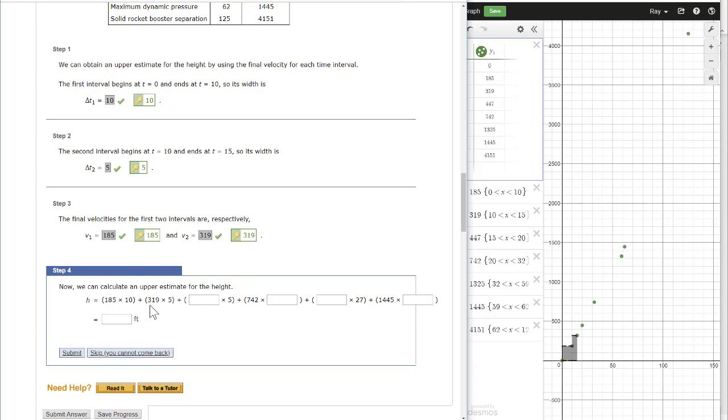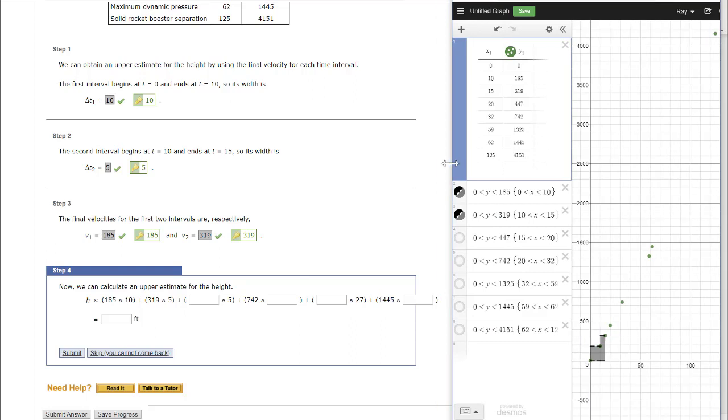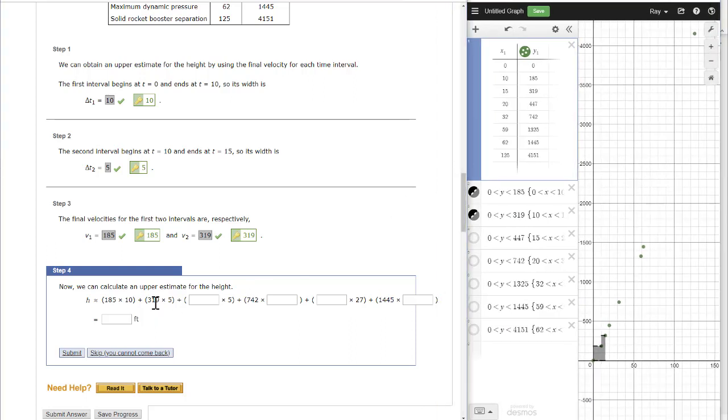So now we can calculate this. Let's move this a little bit over so we can see it. The first rectangle is going to be 185 with a base of 10. The next is going to be 319 with a base of 5. The next is also going to have a base of 5, but the height now is going to be 447. And then the next one has a height of 742, but what's the width going to be?